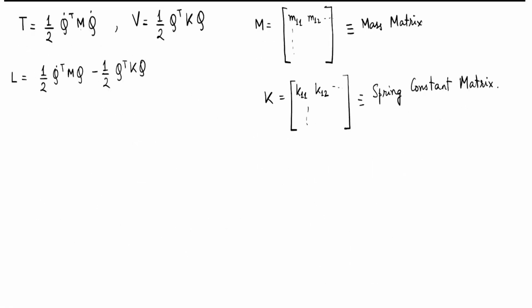If you make a derivation, this Mij equals del 2 T, or del 2 L, del Qi dot, del Qj dot.